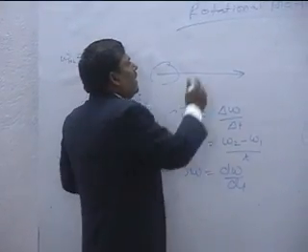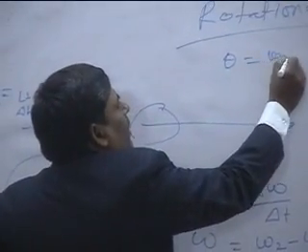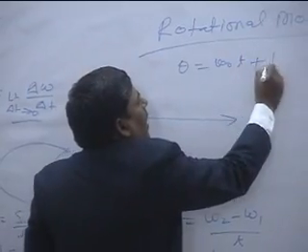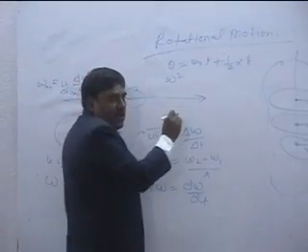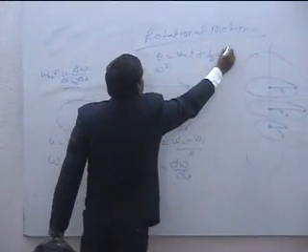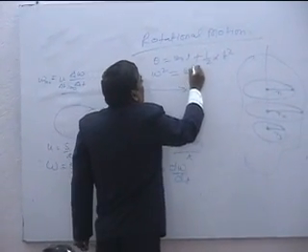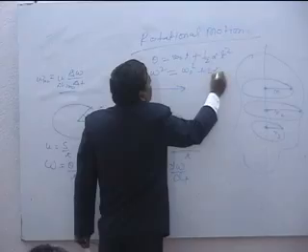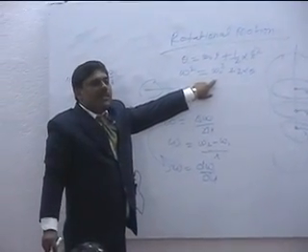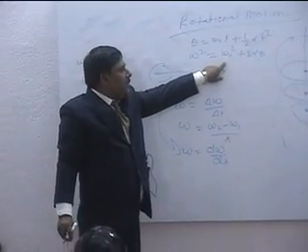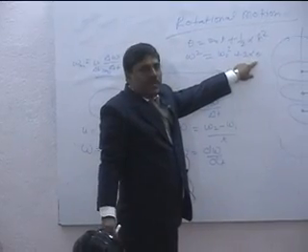For example, theta is equal to omega naught t plus half alpha t square, and omega square is equal to omega naught square plus 2 alpha theta. In this case, omega naught is the initial angular speed. So here also we can take omega square equal to omega naught square plus 2 alpha theta.